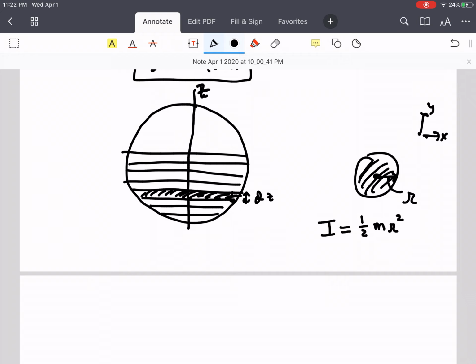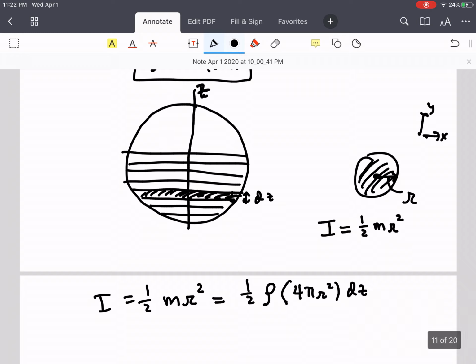And if we figure out what is the mass of this disk, I'm going to draw this out on the next page here. So 1/2 the mass of that little disk times the radius of that little disk squared. The mass is just density times volume. The volume is the area of this cylinder, pi curly r squared, times the height, which is dz.